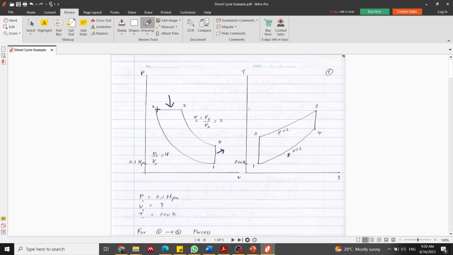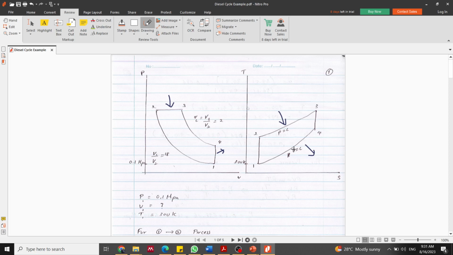The same way in the TS diagram: isentropic compression, where S is constant, constant pressure heat addition process, then isentropic expansion process, and constant volume heat rejection process. So here is the constant pressure heat addition, Q in, and here the constant volume heat rejection, Q out.